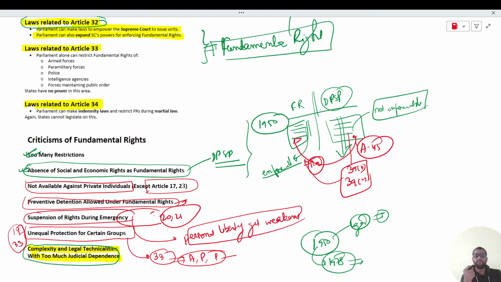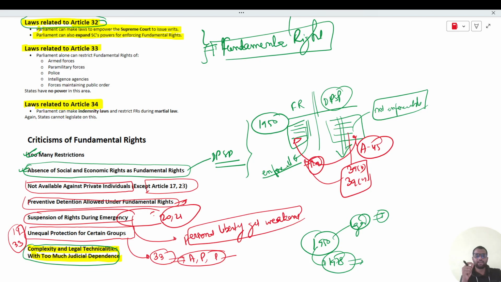The law must imbibe the very characteristic of due process of law. So there are technical complexities which in turn provide too much judicial dependency.